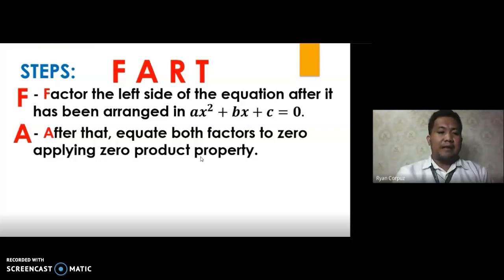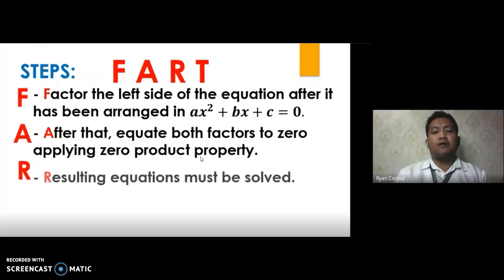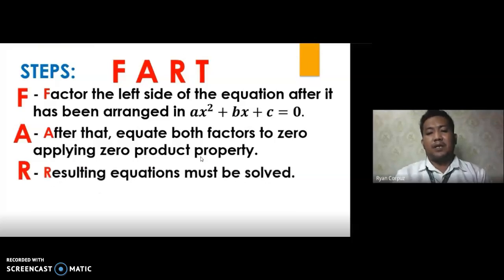Then after doing that, third step R, which stands for resulting equations must be solved. So we do have now two equations formed from the factors of that quadratic trinomial or binomial given, the one which is on the left side of the quadratic equation.